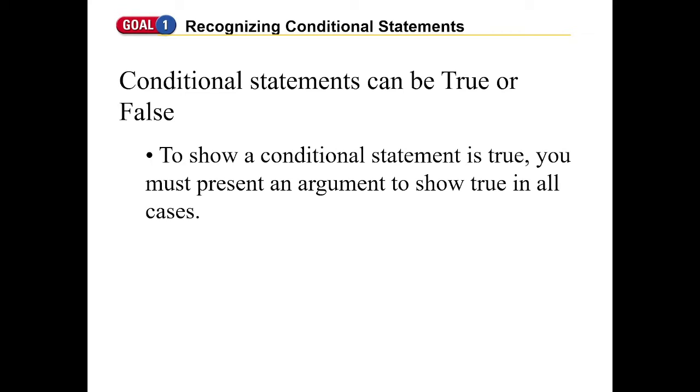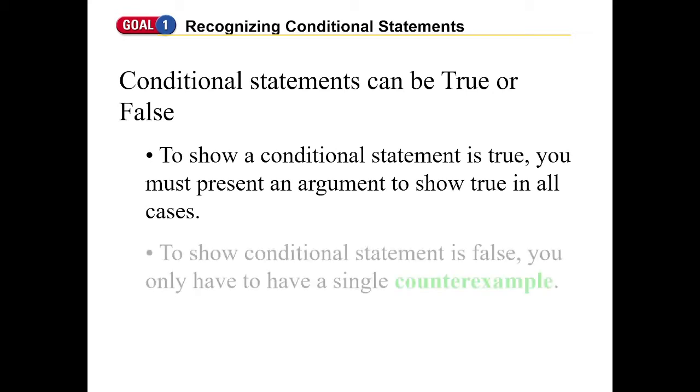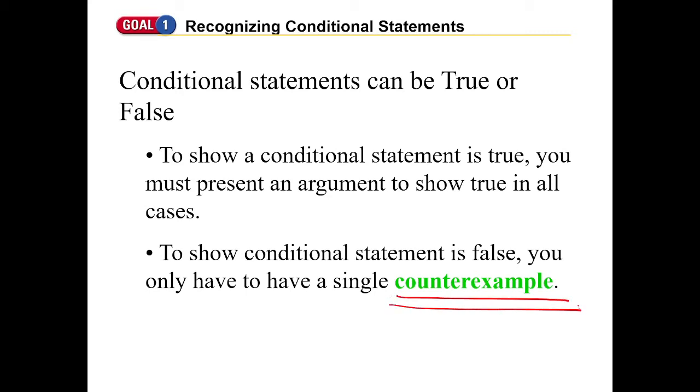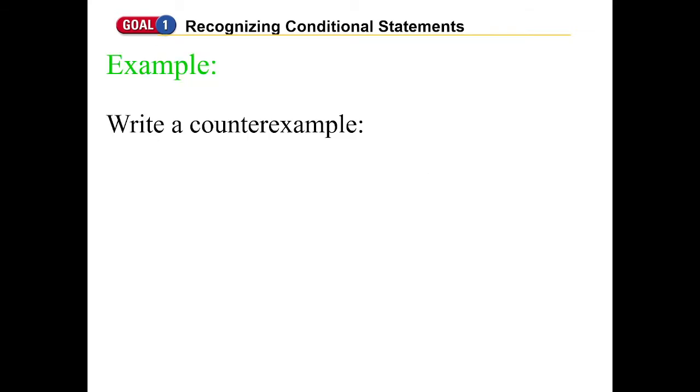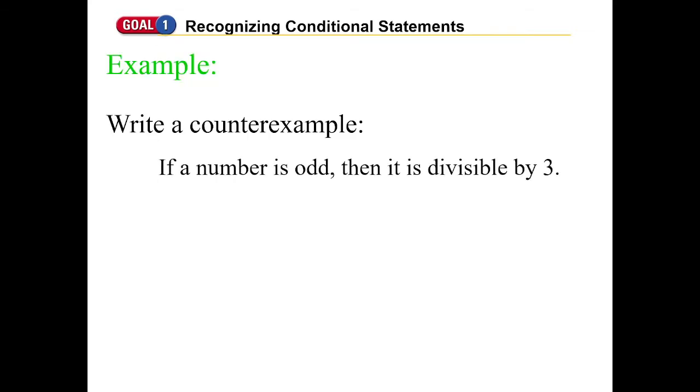But showing it true in all cases takes long. That's why there is another way to show it is false. Just one example that makes it false, and that is called a counter example. Write a counter example: if a number is odd, then it is divisible by 3.